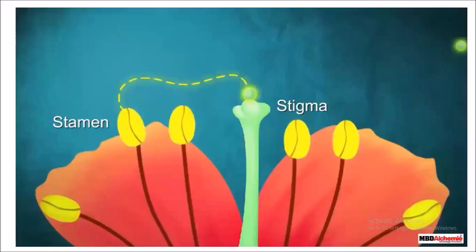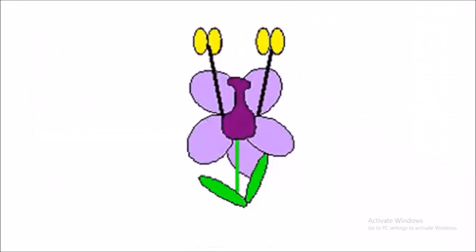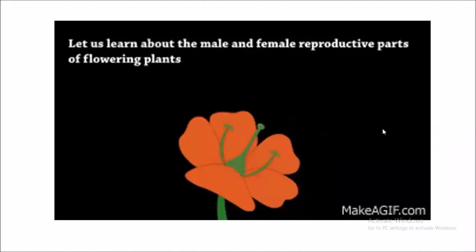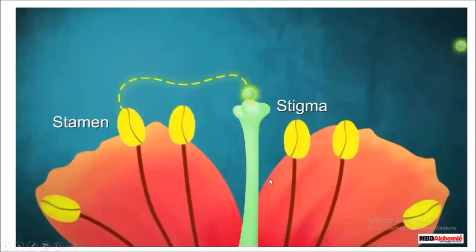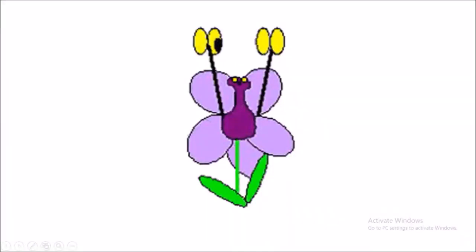So, again, here we have the male part and the female part. The male part produces structures called pollen. And this pollen needs to join the egg inside the female part. Like in this picture, you can see the pollen moving from the male part over the stigma to join the eggs inside the ovary of the plant.